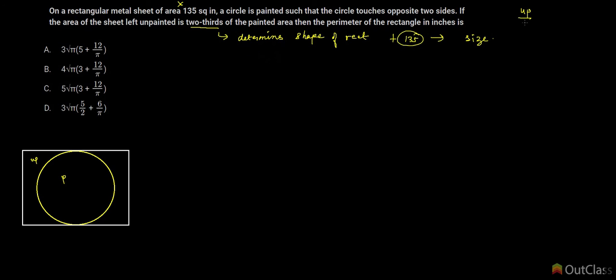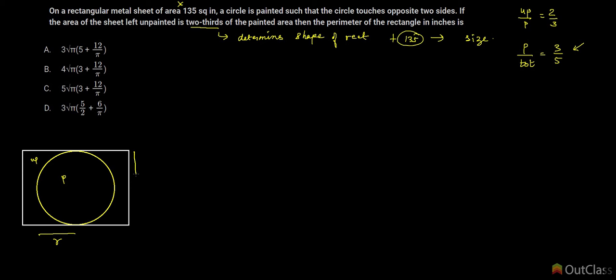unpainted by painted is 2:3, which means unpainted is 2/3. Painted by total is gonna be 3/5. 3 by 3 plus 2, 3/5. That's a good starting point to frame an equation, and I'm going to take the radius as r.